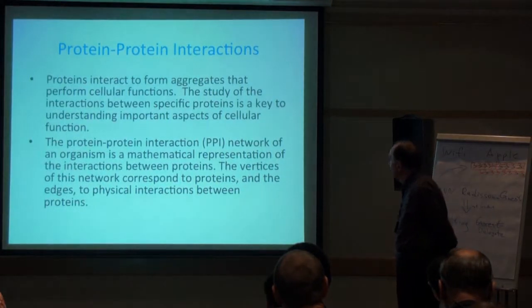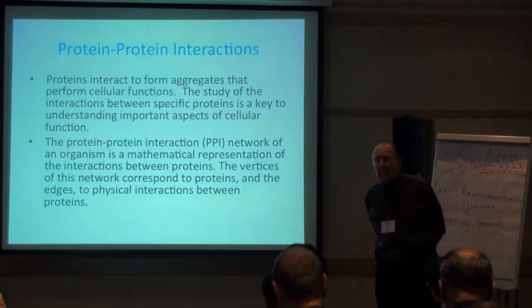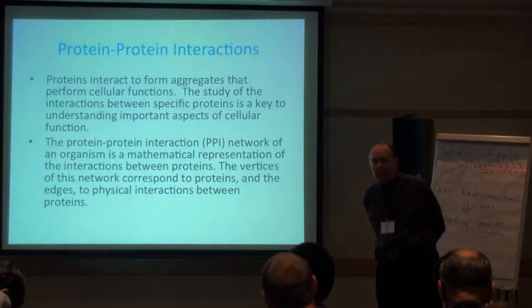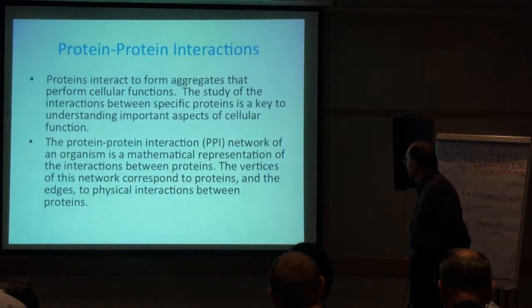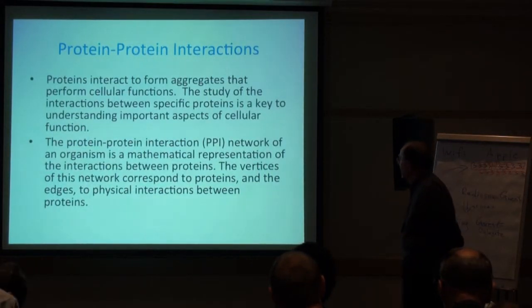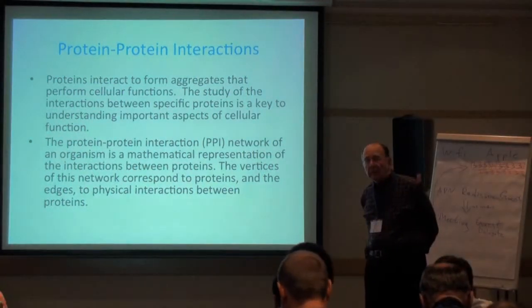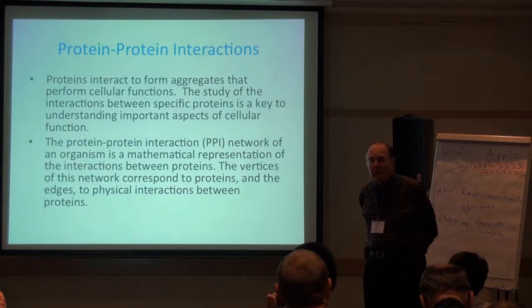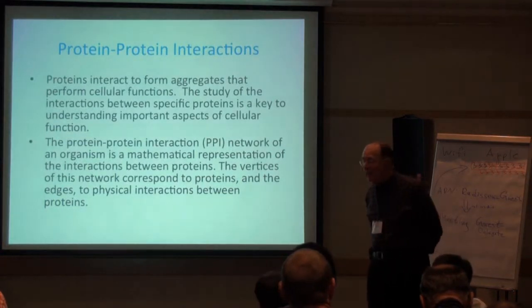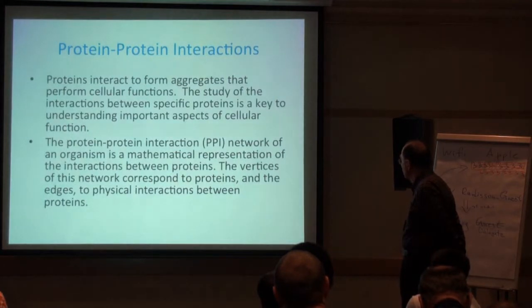And so to try to understand regulatory mechanisms, we need to understand which sets of proteins work together. And in particular, for this purpose, we can look at a sort of graph theoretic structure that represents the proteins in a given organism and the interactions among them. And this structure is called the protein-protein interaction network of the organism.